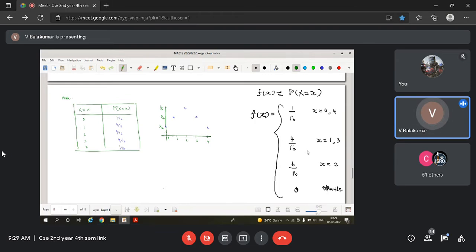The reason is that suppose my capital X is taking 500 values or 1000 values, I cannot write the table. Picture I can write, but still I need 1000 points in the x-axis. Instead of that, I can simply write my f of x function definition. It need not be like these entries. It may be a formula also. We shall look at that.